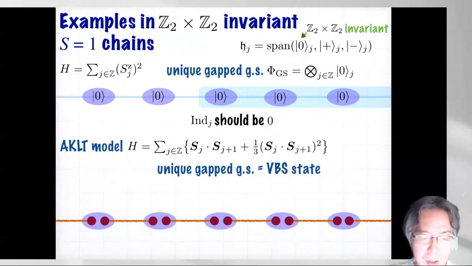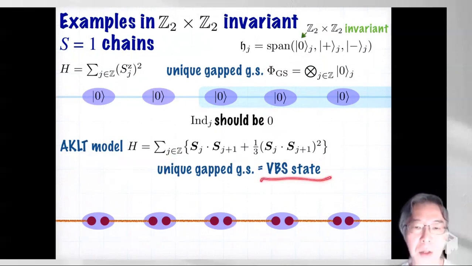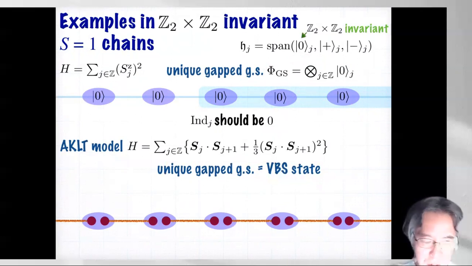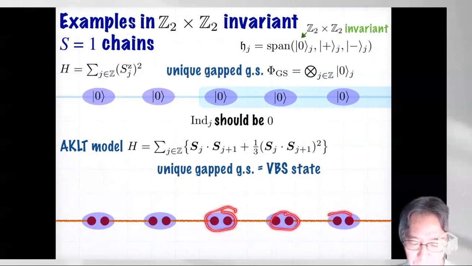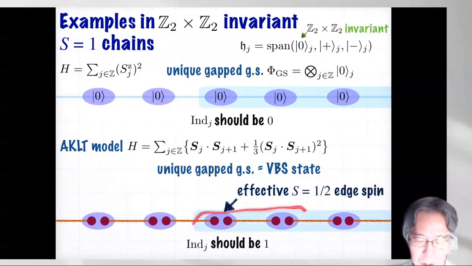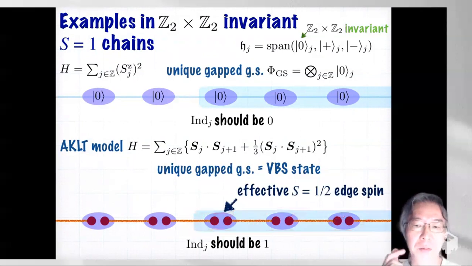On the other hand, this is the AKLT model with the exact VBS ground state. So here's the VBS state. And as you remember, these dots represent spin 1/2, and this is symmetrization, which makes two spin 1/2s into spin 1. In this case, if you make a fictitious cut here and examine the transformation property of this half infinite portion of the chain, again, you have a bunch of innocent spin singlets, but you see an effective spin 1/2 at the edge. Actually, this spin 1/2 is not strictly localized at the edge.